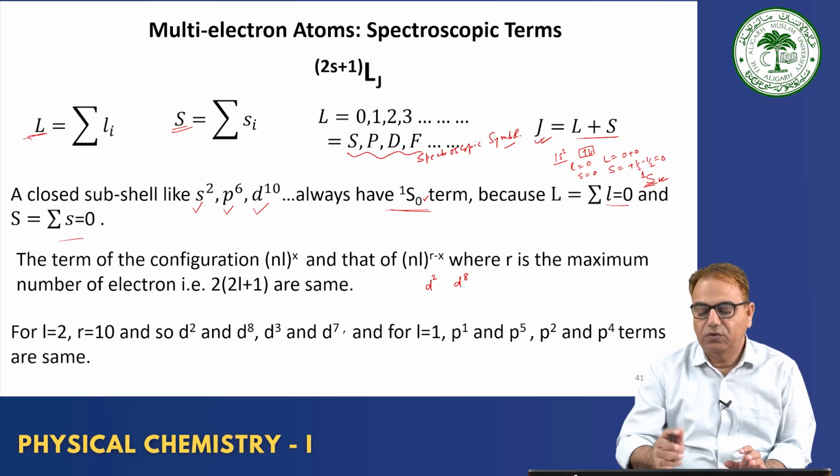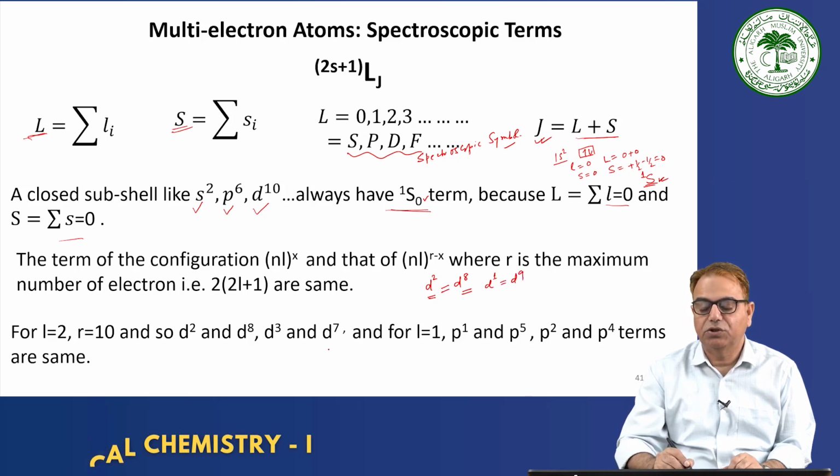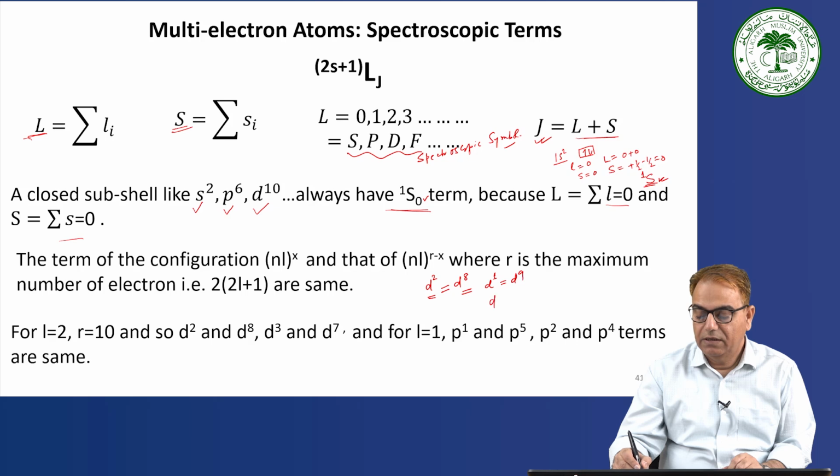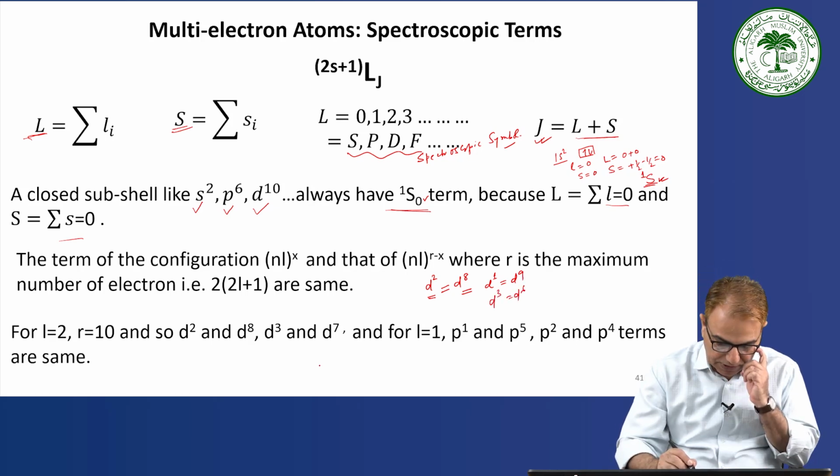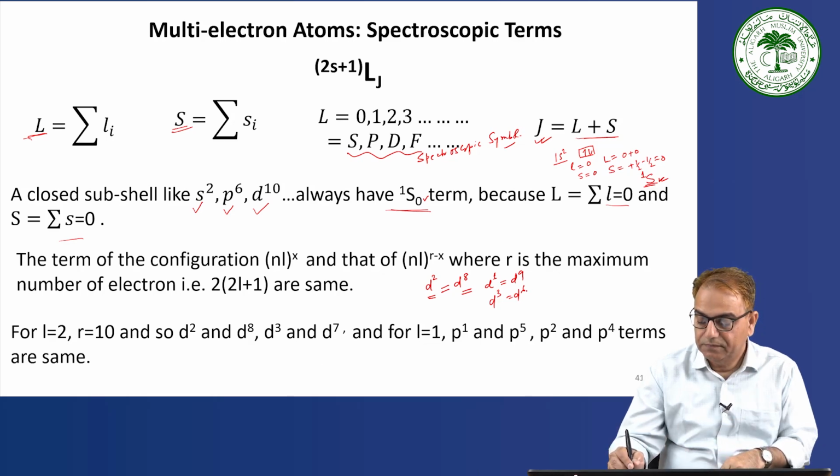So if you have 2 electrons only, then you have 2 vacancies here. Both these will give you the same spectroscopic term. Same way, d1 and d9 will give you the same spectroscopic term. Same way, d3 and d7 will give you the same spectroscopic term.